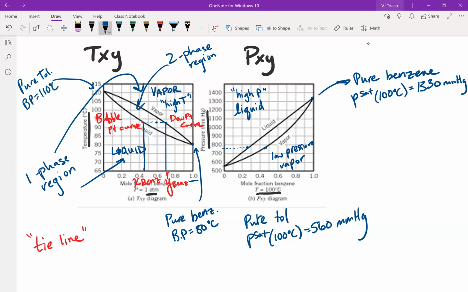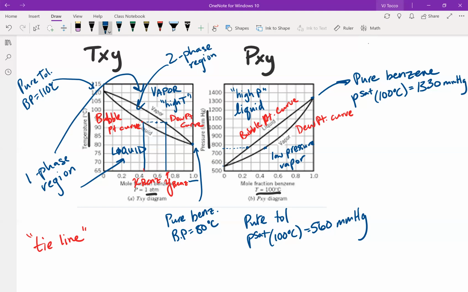Therefore, the bubble point and the dew point curves are also flipped. So the one that's always close to the liquid is the bubble point curve. And the one closest to the vapor is the dew point curve. They have the same name, but just different locations.